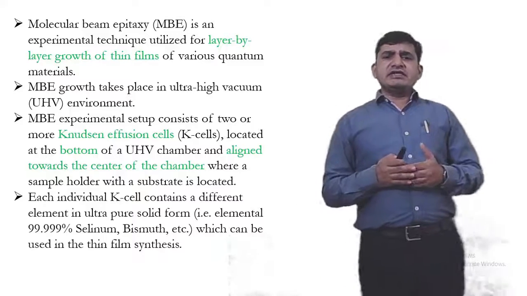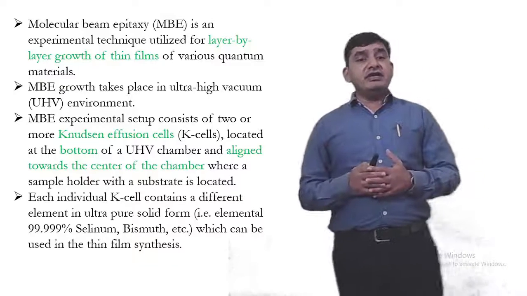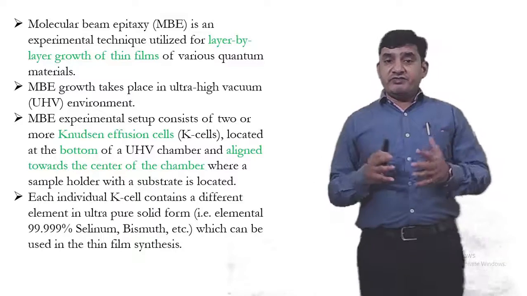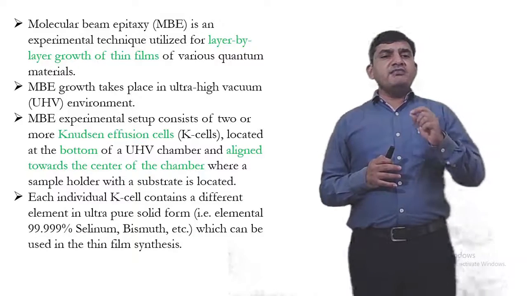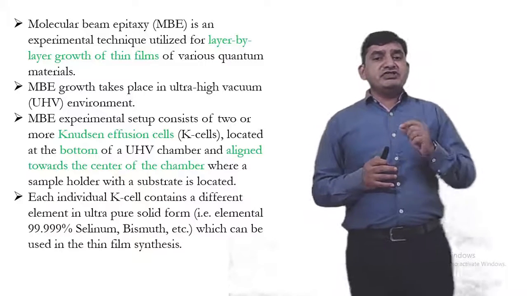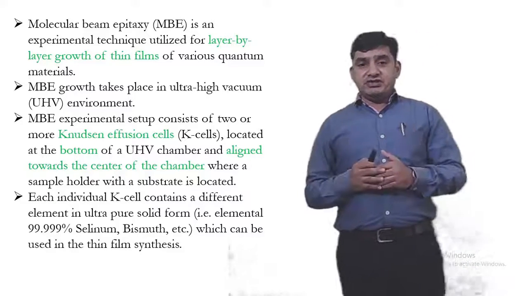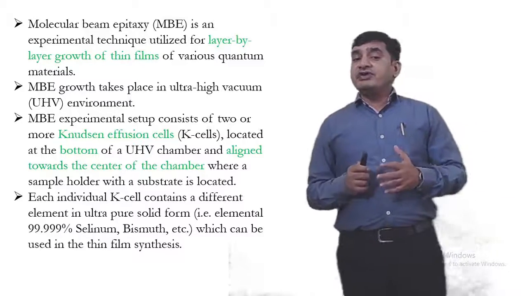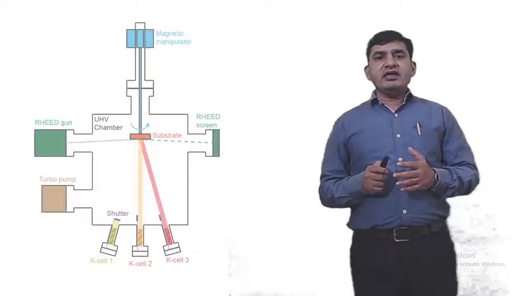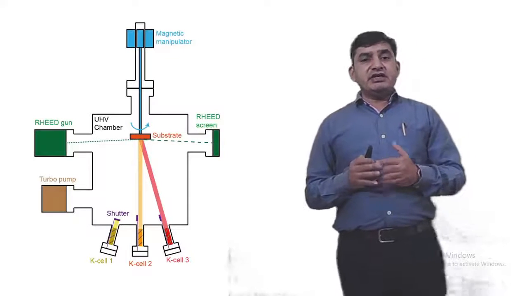Each individual K cell contains a different element in ultra pure solid form, that is elemental 99.99% cerium and bismuth, which can be used in thin film synthesis. This is the experimental setup.